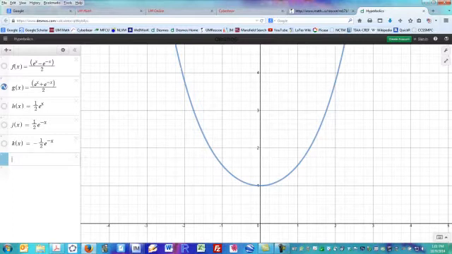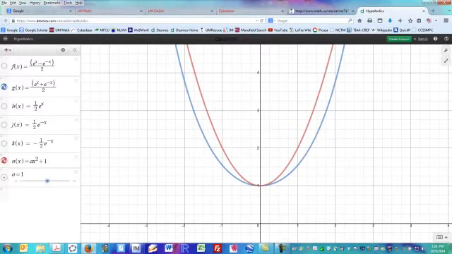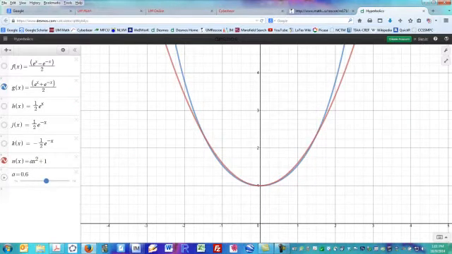One way we could do that is we could put a new function in here, let's call it n of x, which is just equal to some a x squared, where I'm going to make a slider for a, and then I'm going to add 1 to it so that it has the same y-intercept as this hyperbolic cosine.